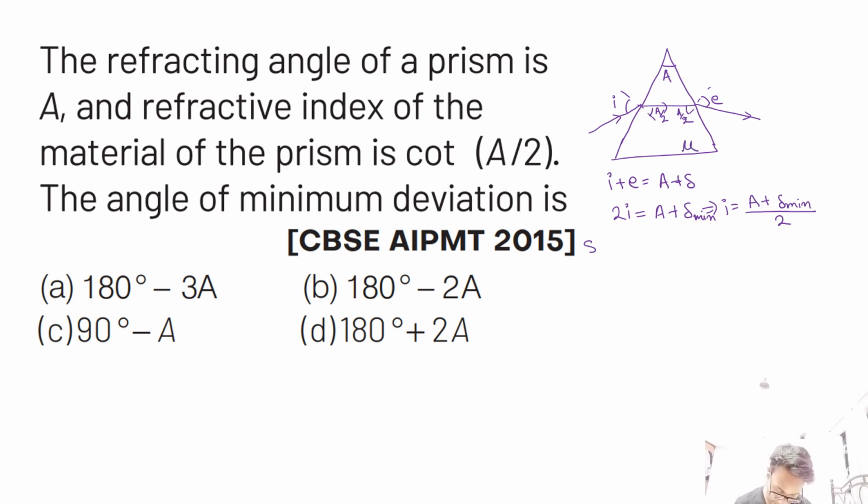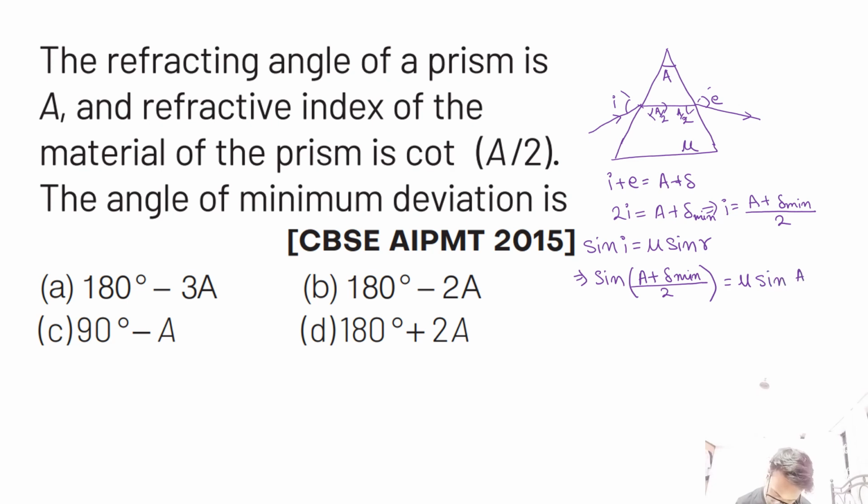So sine of I is equal to mu into sine of R, where I is A plus D minimum by 2. So sine of (A plus D minimum by 2) is equal to mu into sine of R. What is the value of R? A by 2.